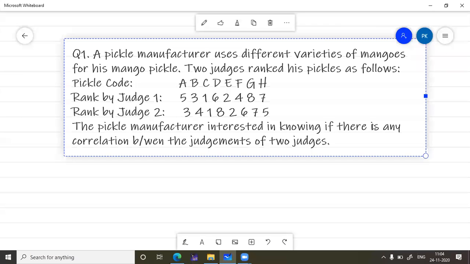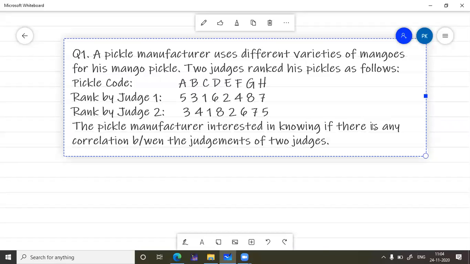See, this is a problem. A pickle manufacturer uses different varieties of mangoes for his mango pickle, and two judges ranked his pickles as follows. These are pickle codes A to H, and these are the ranks given by two judges for the mango pickle: the rank given by judge 1 and the rank given by judge 2.